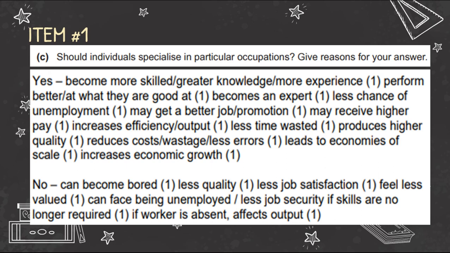And once there's a promotion, of course, that individual may receive higher pay, and it increases the output, less time is wasted, and of course it produces higher quality and quantity, and it reduces costs and errors. You see, there is what we call the domino effect if an individual specializes in a particular occupation, and in the end, of course, it would increase economic growth.